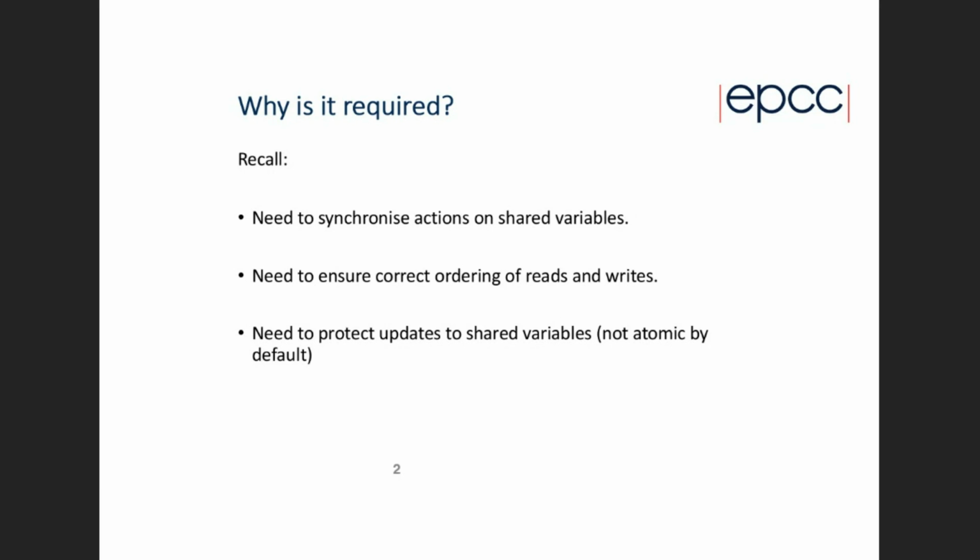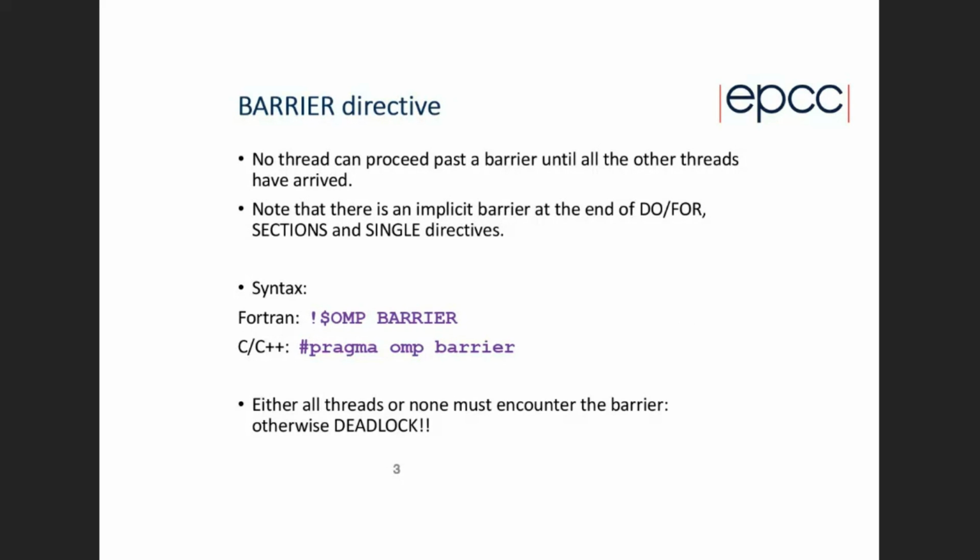So let's look at some of the mechanisms we have available in OpenMP. The first of these is the barrier directive. This is a full synchronization point between all the threads in the parallel region.